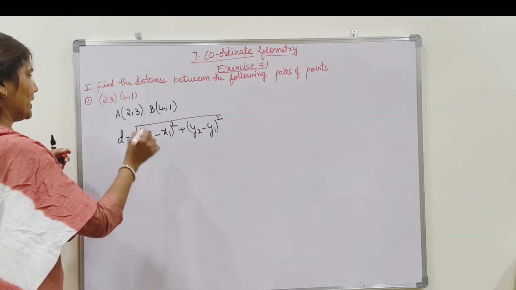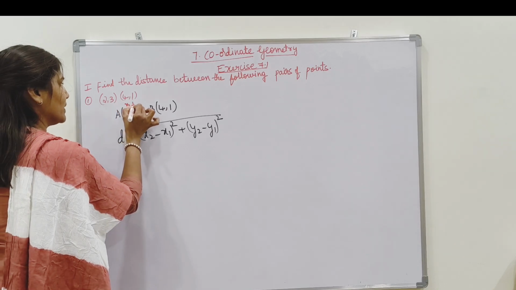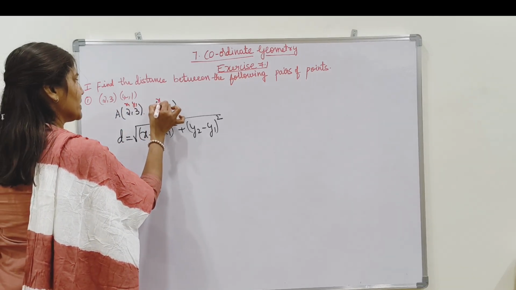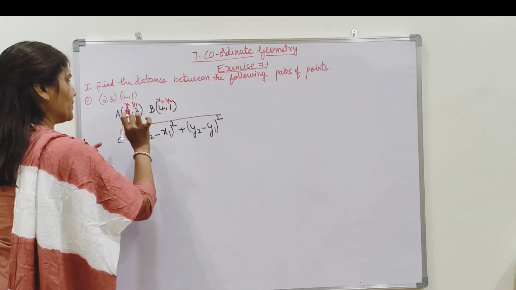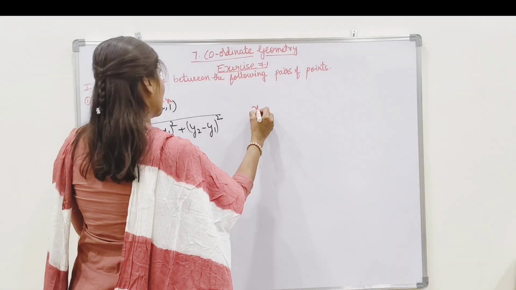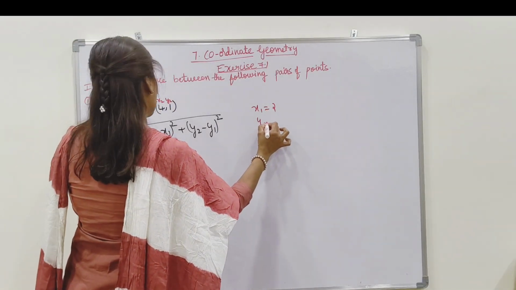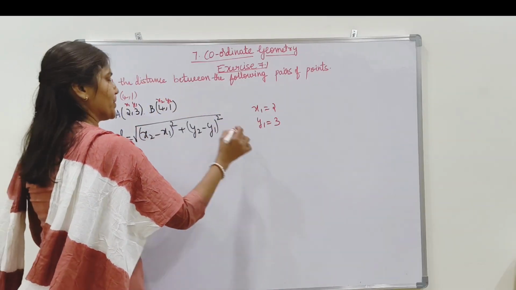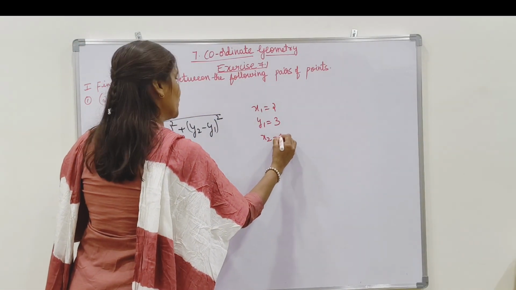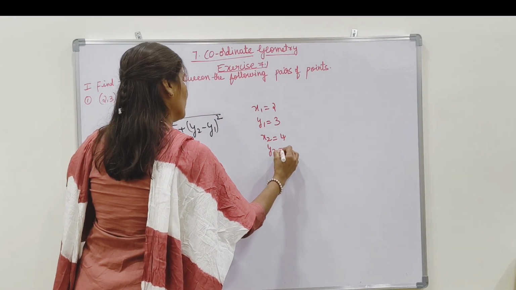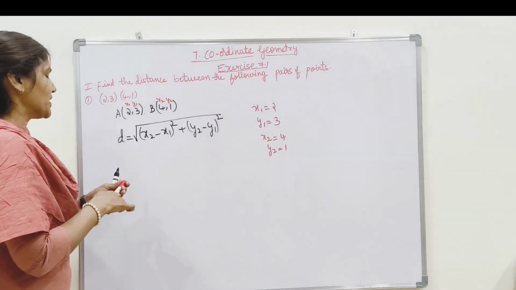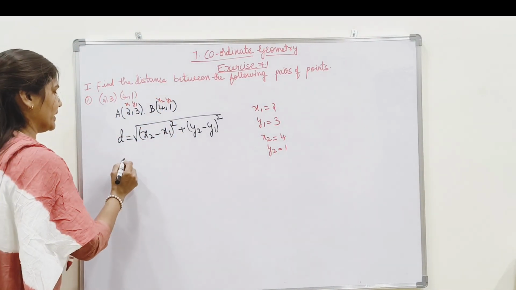Write aside: x1 is equal to 2, y1 is equal to 3, x2 is equal to 4, y2 is equal to 1. First mention these here. Now apply them and you will get the answer.